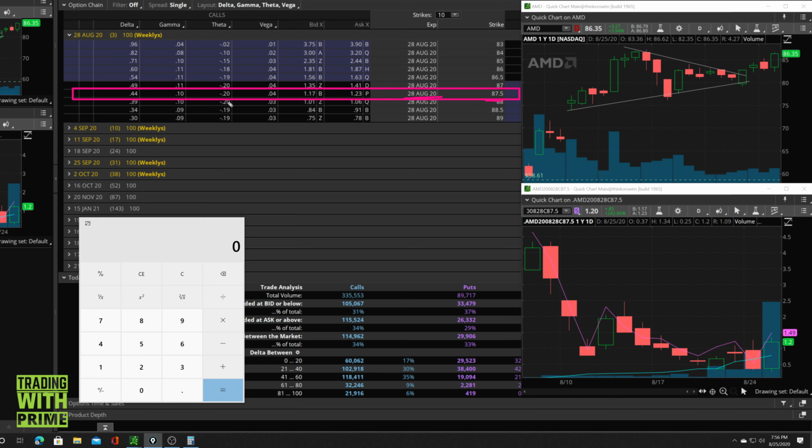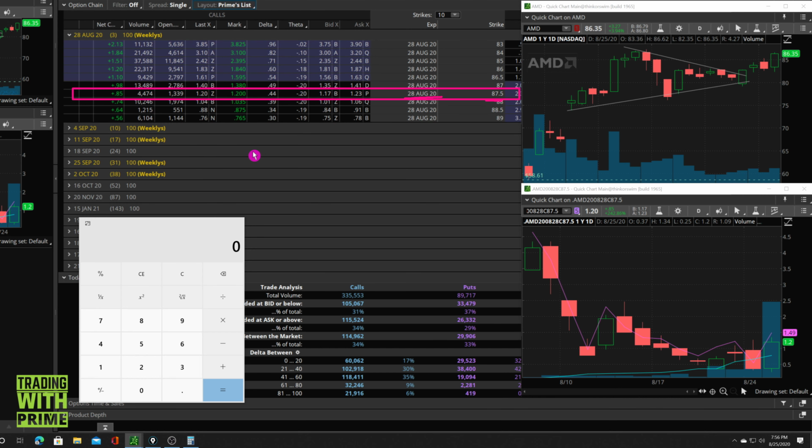You can see right now that this contract had a bid of 117 and an ask of 123 near the close. So what I like to do first is look at the delta, and you can see here 0.44 is the delta. Okay, right here you have delta 0.44. Follow my cursor.